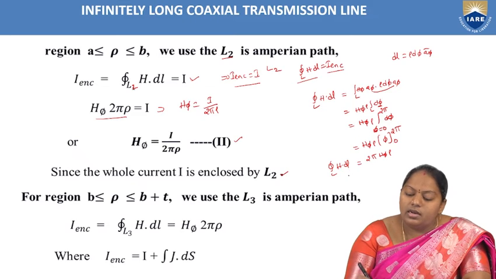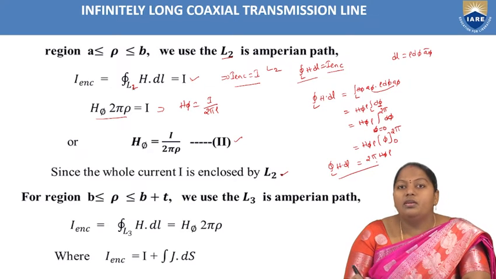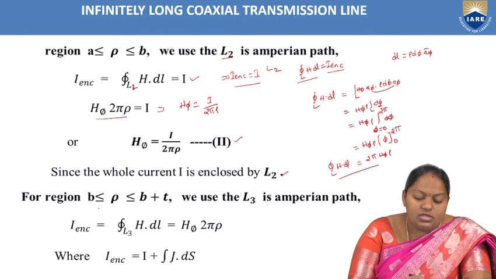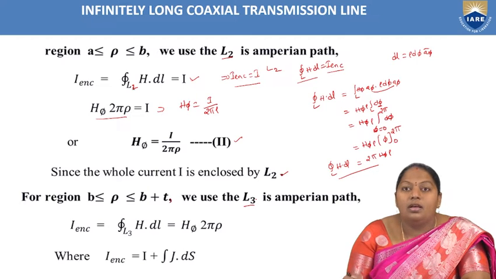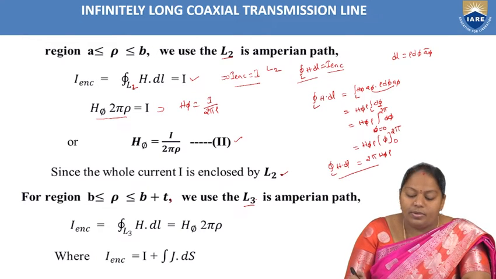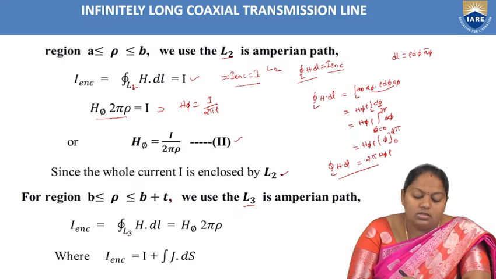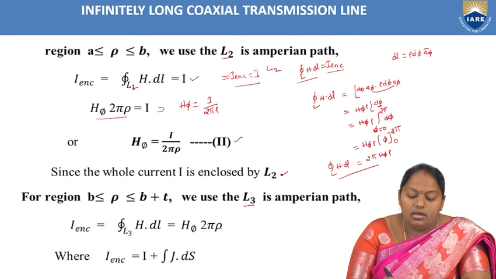This condition is similar for all four Ampere paths and the four regions. So for the region B less than or equal to rho less than or equal to B plus T, we consider path L3 as the Ampere path. Now I enclosed is equal to the closed line integral over L3 of H dot dl, equal to H-phi into 2 pi rho, which we just evaluated.